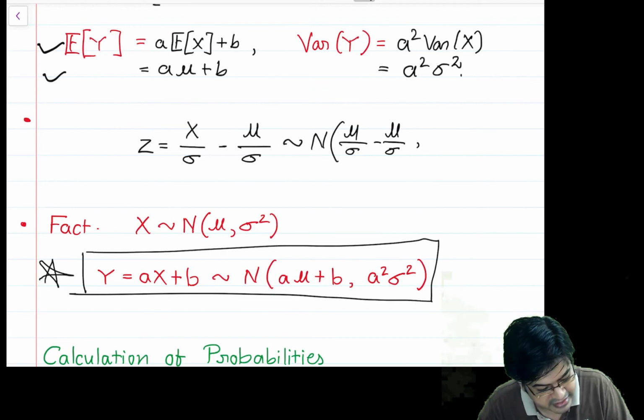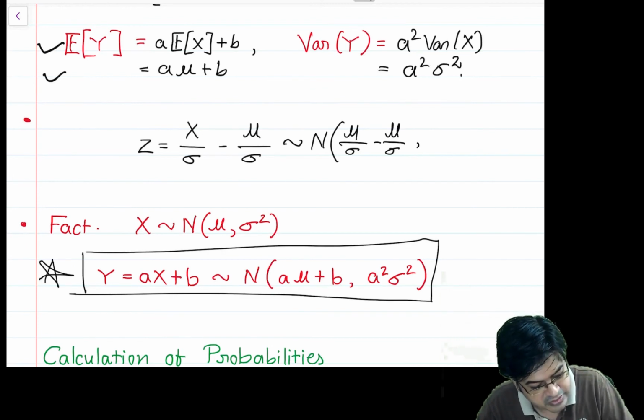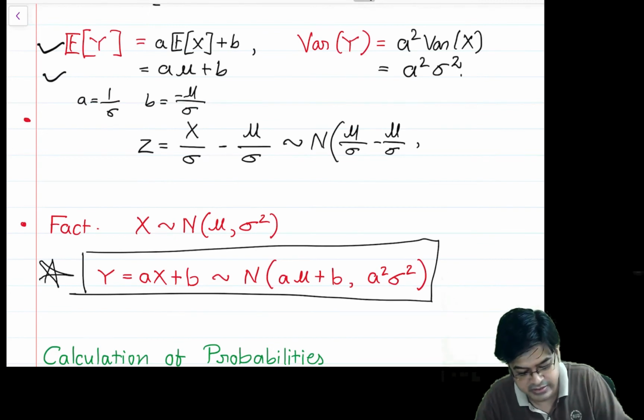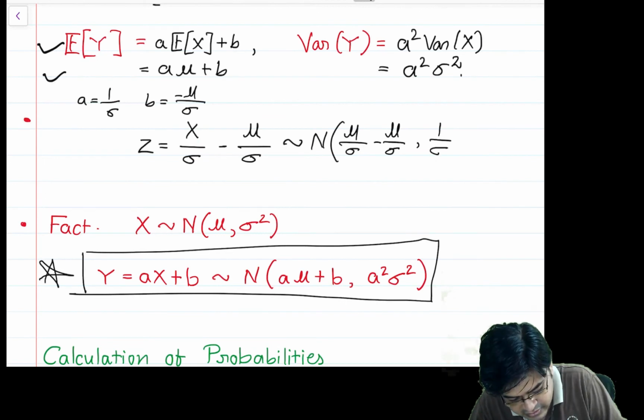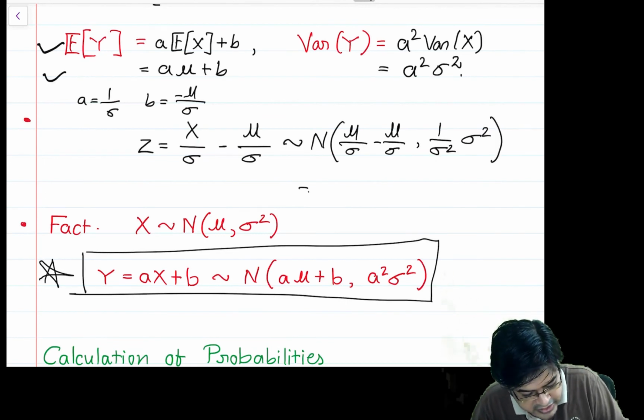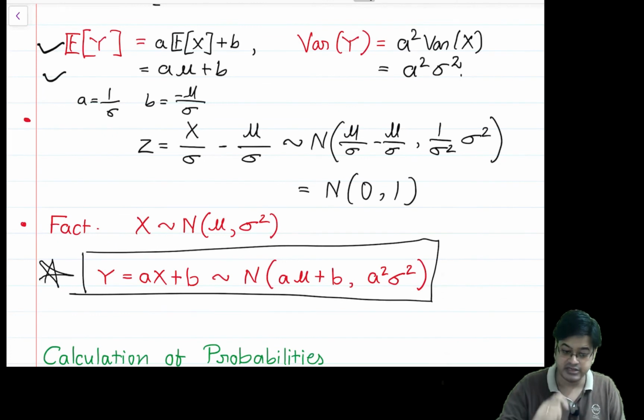Here a is 1 by sigma and b is minus mu by sigma, right? So a square is 1 by sigma square, into sigma square. So what you got here is nothing but normal with mean 0 and variance 1. Yes, so I have answered the question.